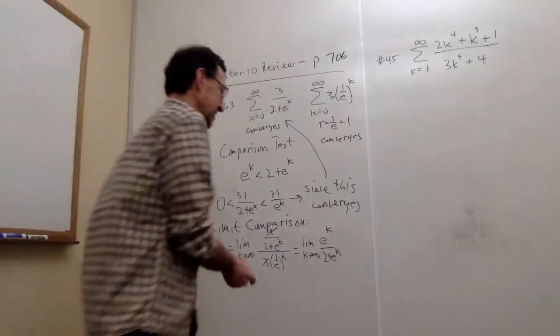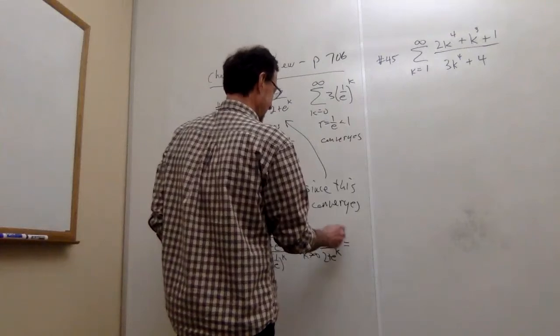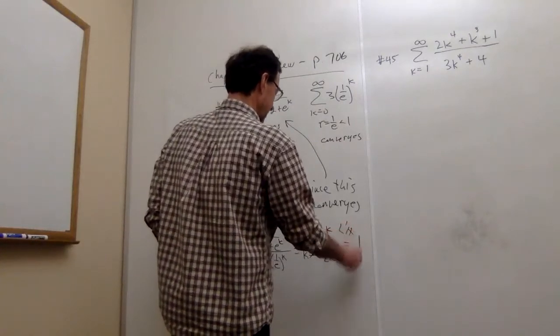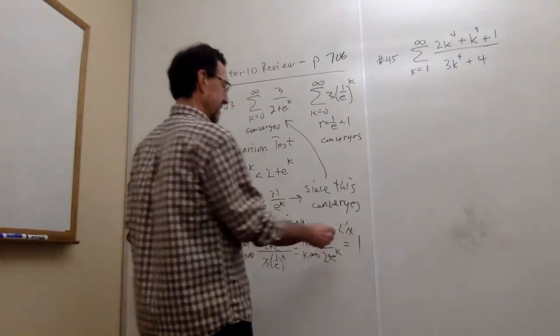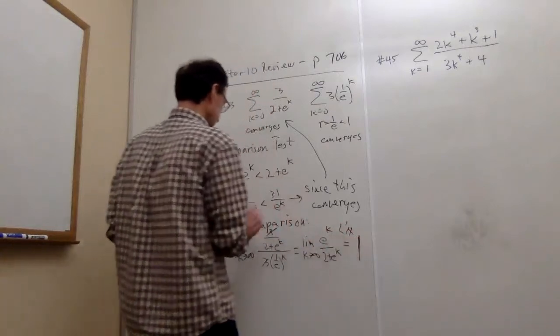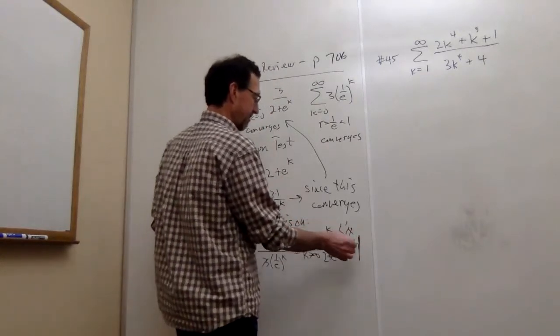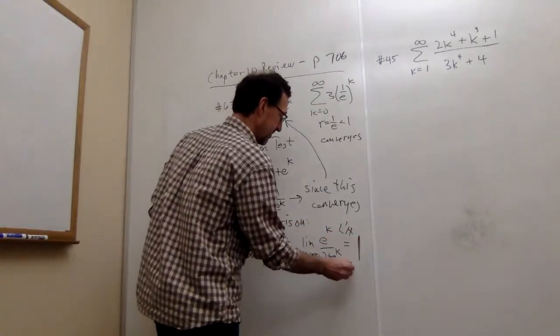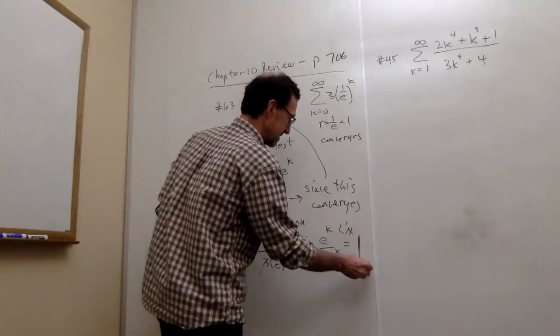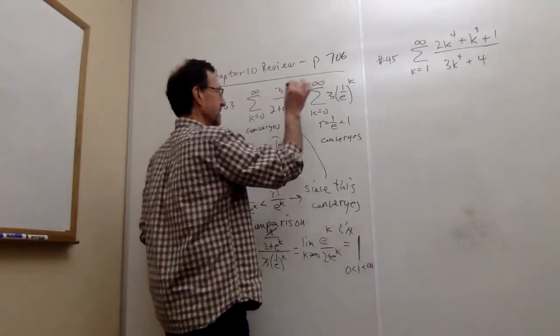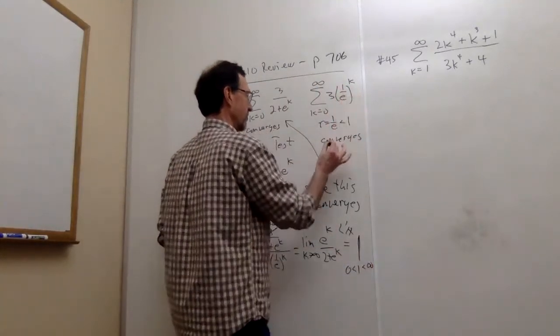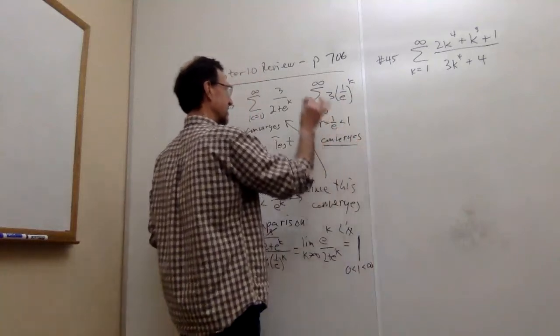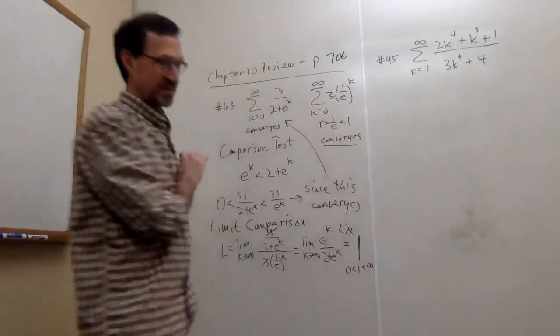So you apply L'Hopital's rule once, and we get 1. The limit is 1. This is the limit comparison. Getting a positive finite value means this series behaves the same as that one. Well, we know this one converges, so that one converges.